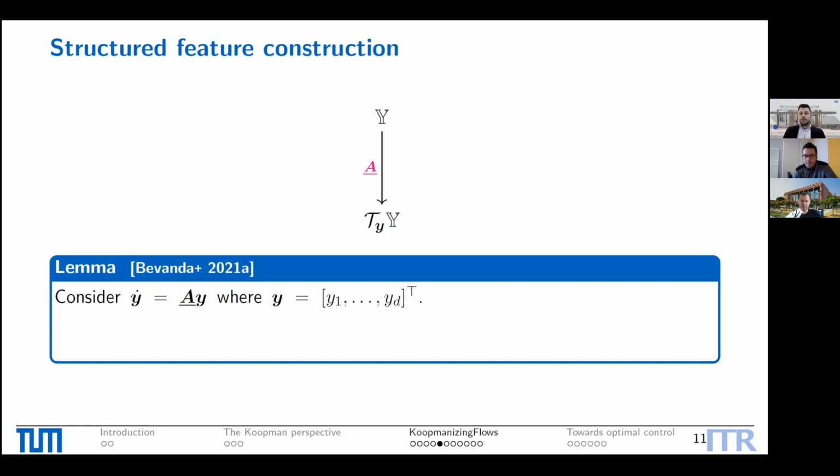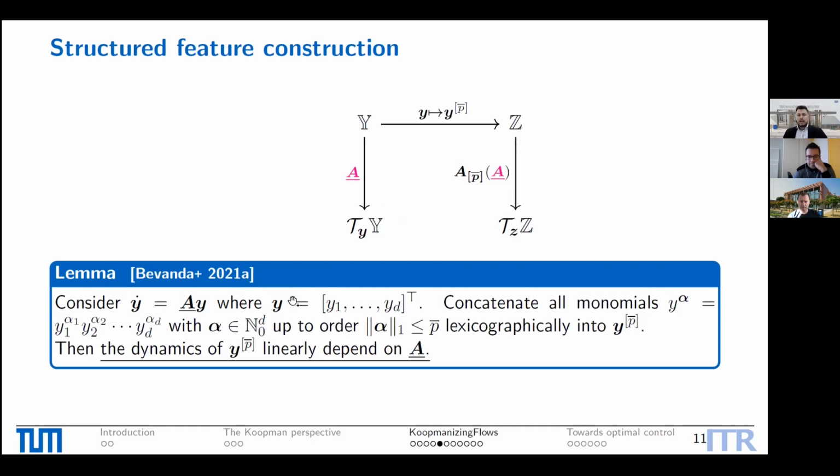For linear systems, we show in a lemma how Koopman invariant coordinates look like. If we consider this linear dynamics and concatenate monomials up to a certain degree, lexicographically, we get dynamics that are linearly dependent on this underlined A. And all the things in this commutative diagram that are in magenta are the things that we actually learn. This is highlighted here to see the learning parts of this structured learning approach that we consider.